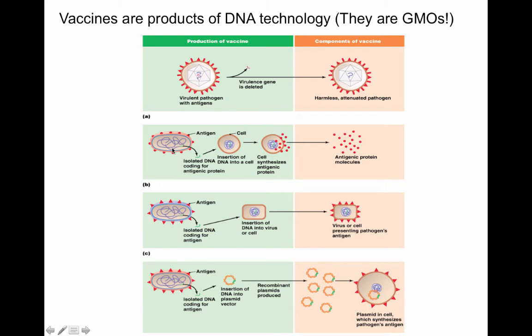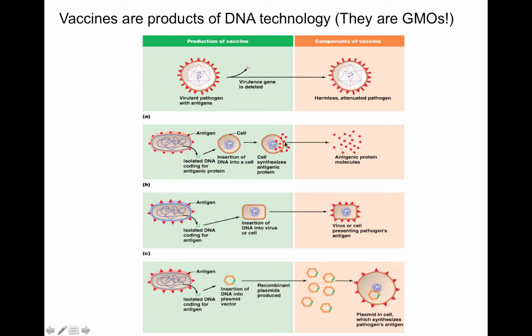And so what they do is they go into the genome of the bacteria and find the gene that codes for this protein. They isolate and purify that gene. Okay? They clone the gene. And they probably take that gene and put it into a cell line that they can grow up in the lab. So they introduce this gene for this antigen into this cell.